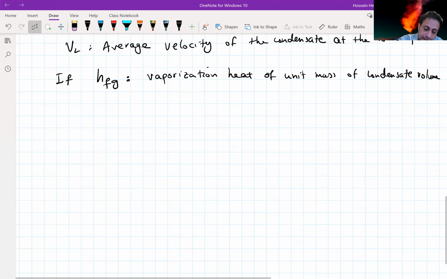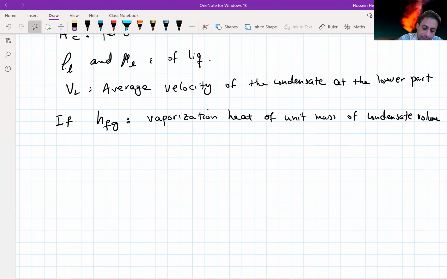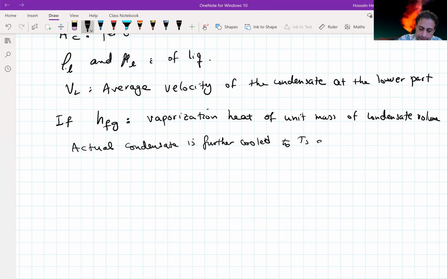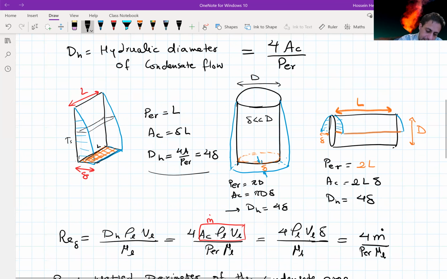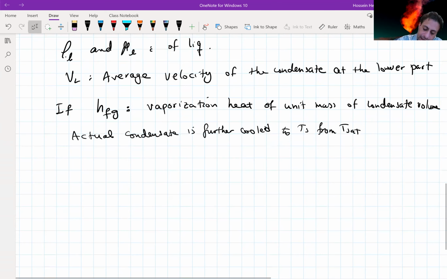So I used a modified latent heat. The actual condensate is further cooled due to this liquid film, further cooled to TS. So the condensation happens at the liquid surface at Tsat, but then it's slowly cooling down to the TS that we have over there.